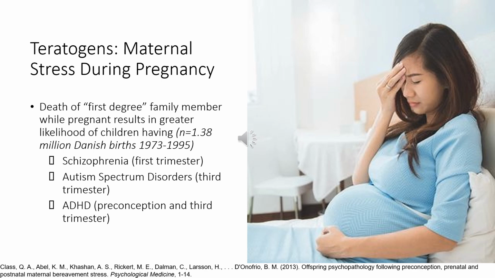And so you can see that experiencing the death of a loved one in the first trimester put children later at more risk for schizophrenia. In the third trimester, it put them later at higher risk for being on the autism spectrum or being diagnosed with ADHD, which also was the case for experiencing maternal stress right before conception.